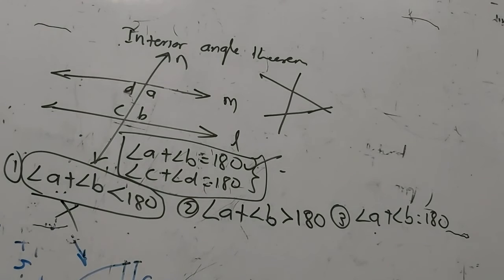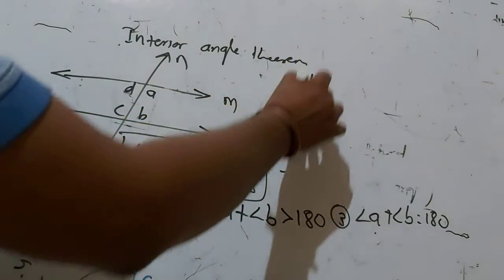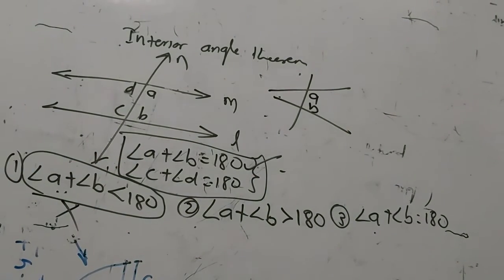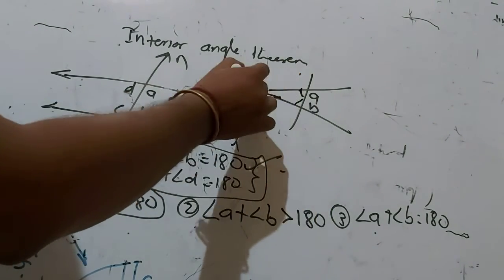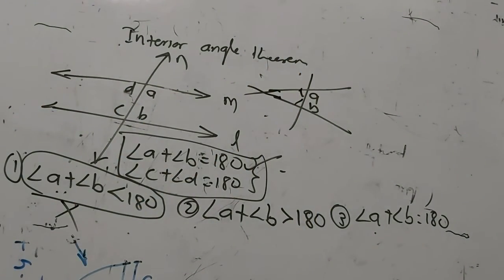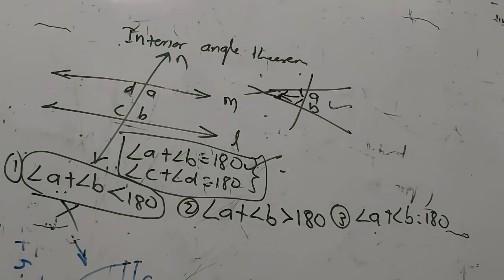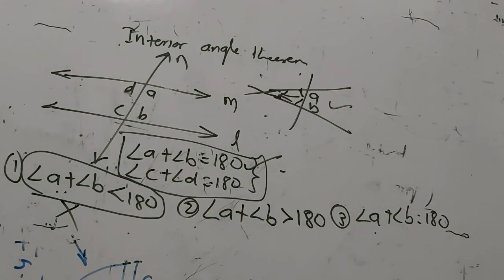Second one: angle A plus angle B is greater than 180. What is the meaning of this? The figure will be in this way. This is A, this is B. The sum of these two interior angles is greater than 180, so they will intersect on the opposite side, not on this side.